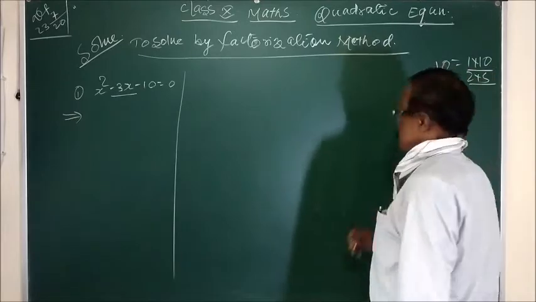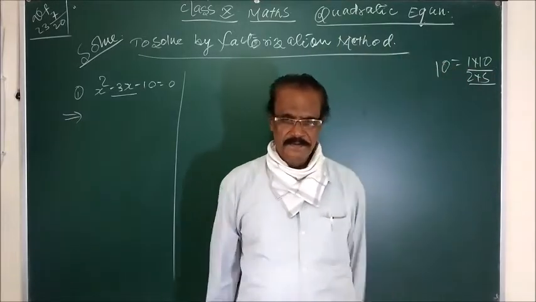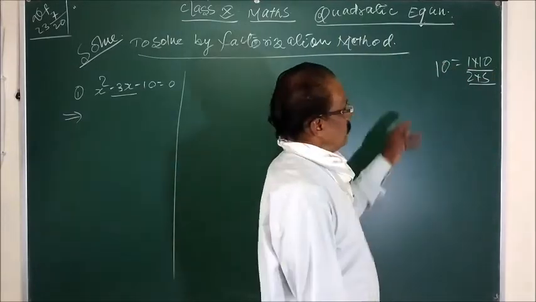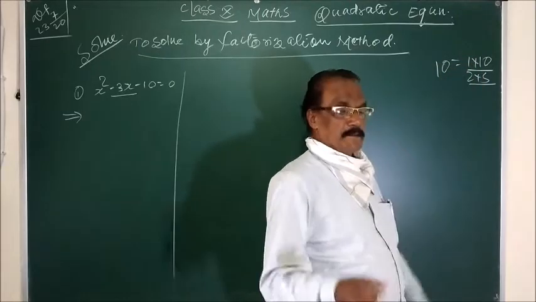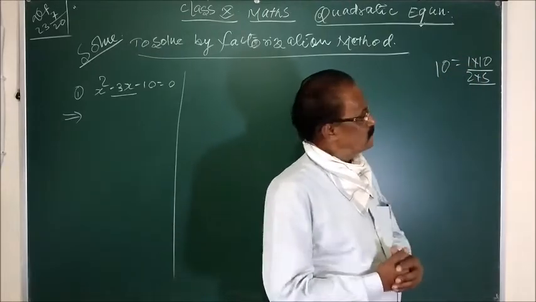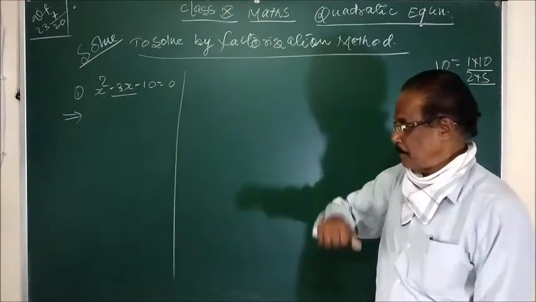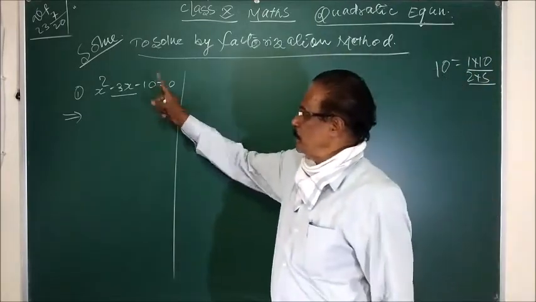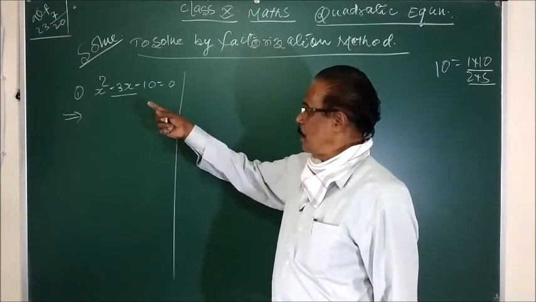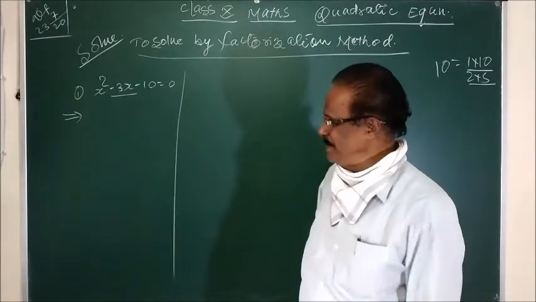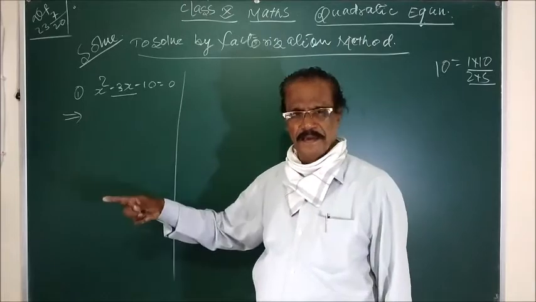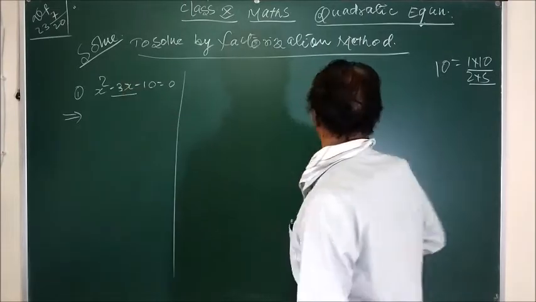These two are the pairs of factors. If you multiply these pairs, you will get the product 10. Very simple. But now you have to choose. One pair is suitable here. You have to get both: on multiplying, you should get minus 10, and on simplifying, you should get minus 3.